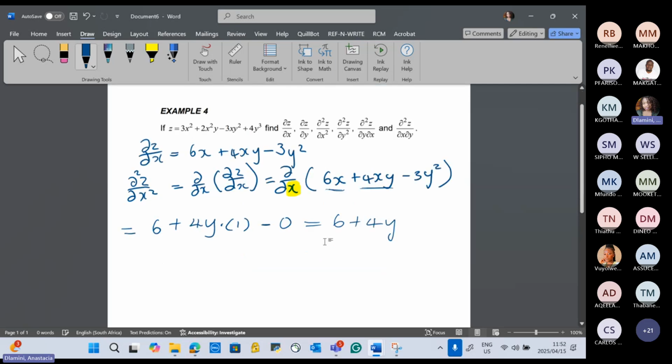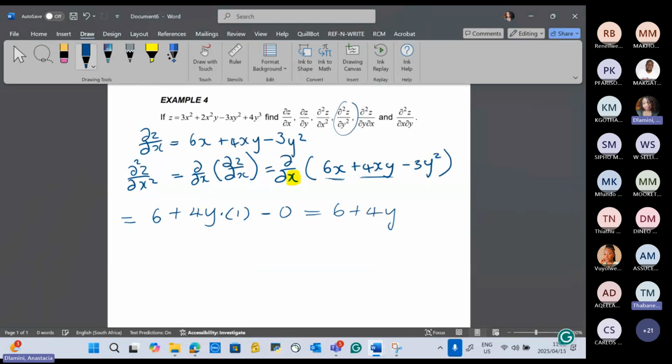Now they want the second one, so we need to find the partial derivative with respect to y. We know that one. The partial derivative of z with respect to y is 2x squared minus 6xy plus 12y squared.